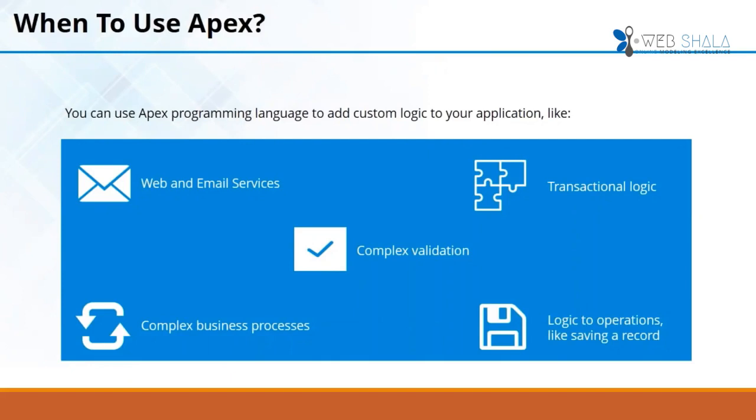If the business, the company, or the project architect group has already defined some steps, then this is called our business process. Whenever we have a complex process with a lot of if-else conditions and loops, we write that complex business process in Apex. Then logic of operations like saving a record: whenever we need to commit a record into the database, we use our Apex code.